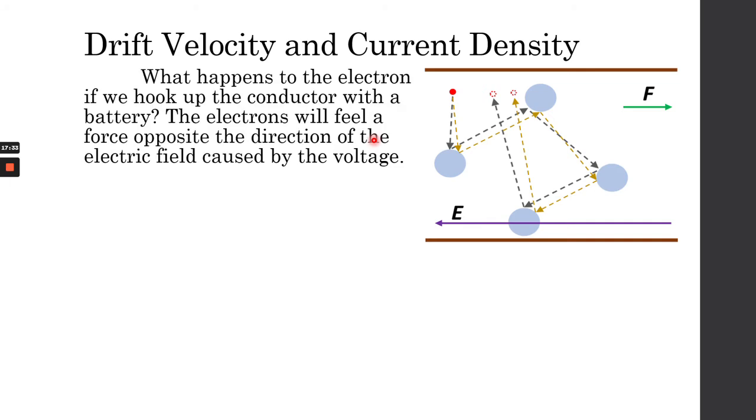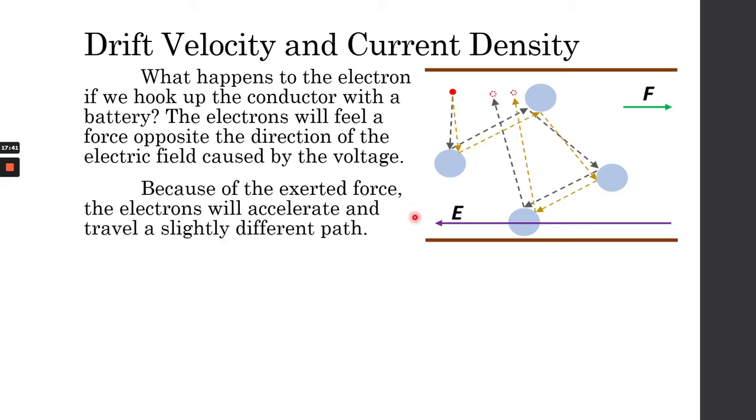And what happens is that because of the electric field, they start to slightly follow a different path. So if the gray arrows right here were the original path that the electron is moving, the original zigzag motion without the electric field, then after adding the electric field, which happens after we hooked up the battery, our electrons would start following a slightly different path.